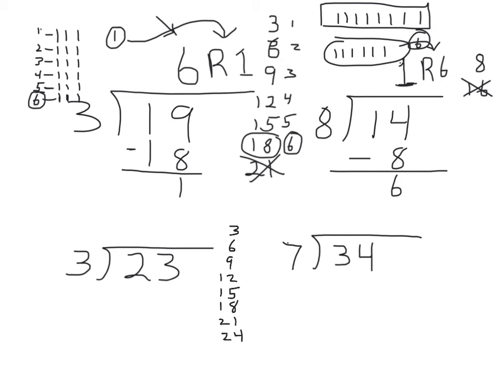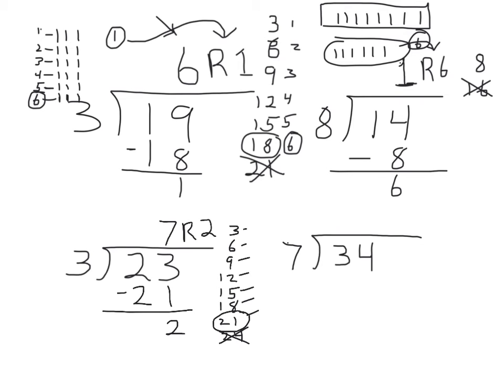So I just skip counted by 3s. 24 is not going to work. It's too great. So we know it's 21. And if we count, that's 1, 2, 3, 4, 5, 6, 7 groups of 3. And that's going to be 21. So my remainder's going to be 2.